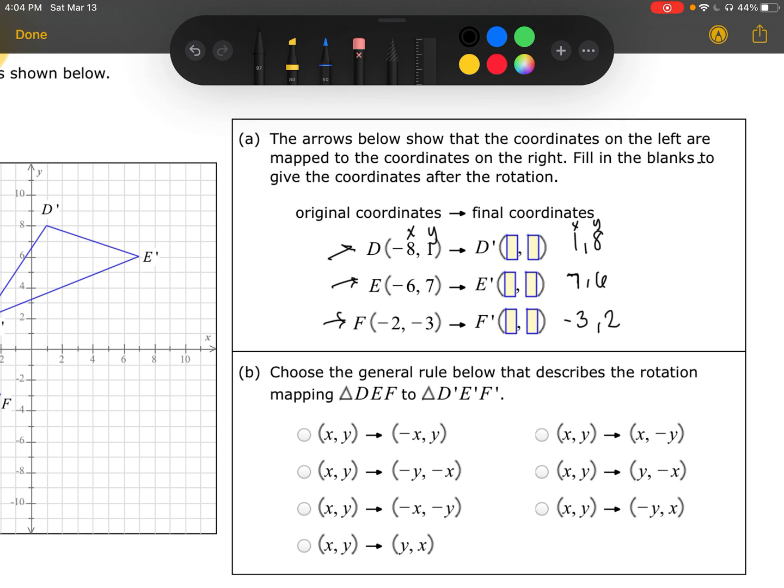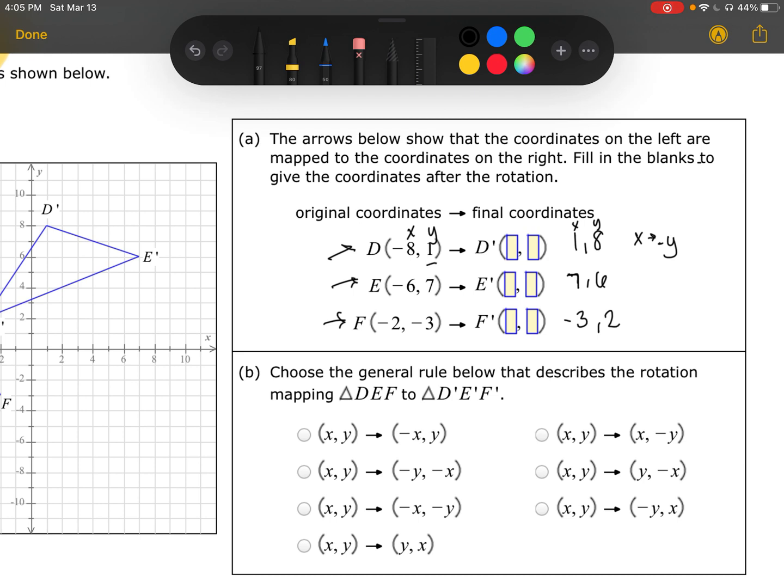So negative 8 here, right? That 8 is then going to go to the Y value. So it's going to go from X to Y, but the sign changes. It goes from negative 8 to positive 8, so it is the opposite of what is already there. So it goes from X to negative Y. And then I'm going to look at the next one.